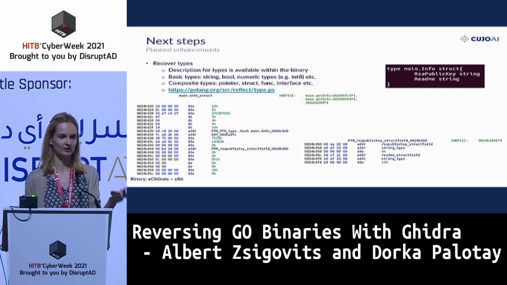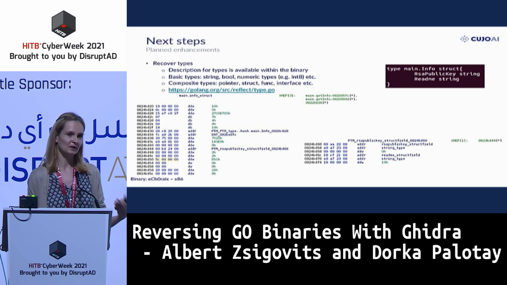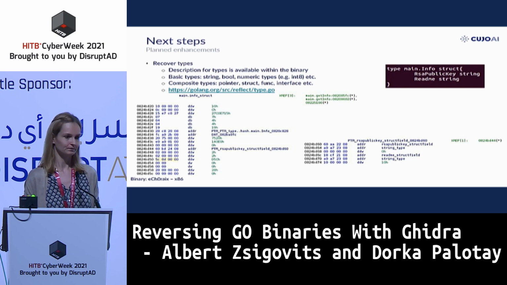Like in this example from EchoRX, there is the main.info struct, which consists of a public key and the readme string, and this is also stored within the binary. It is possible to recover these, which is very helpful when you want to analyze more deeply, or for example to see what is sent to the C2 server, where a structure contains all the information that can be sent, or what commands, for example, a botnet can get from a C2 server.